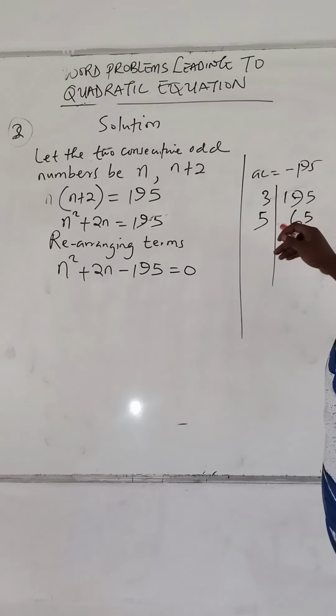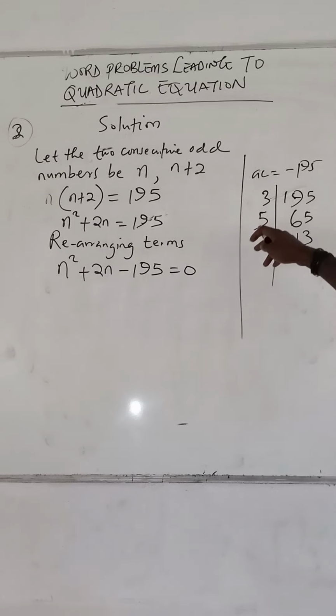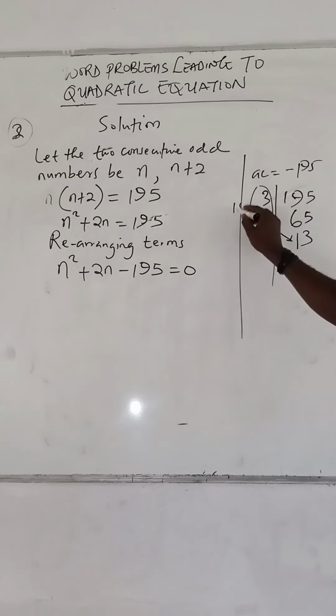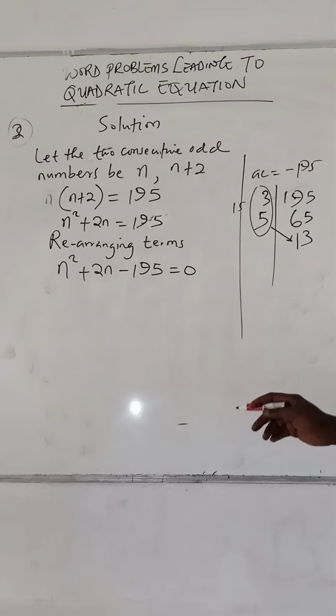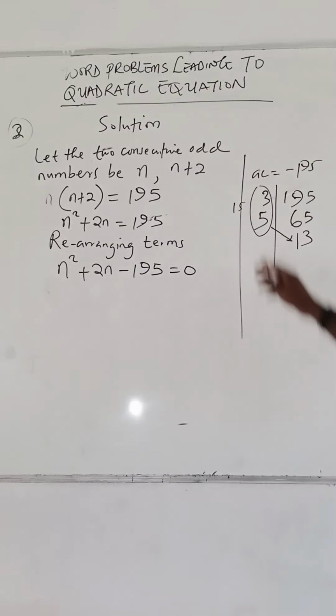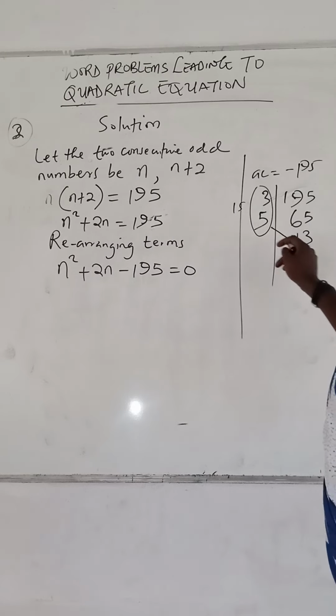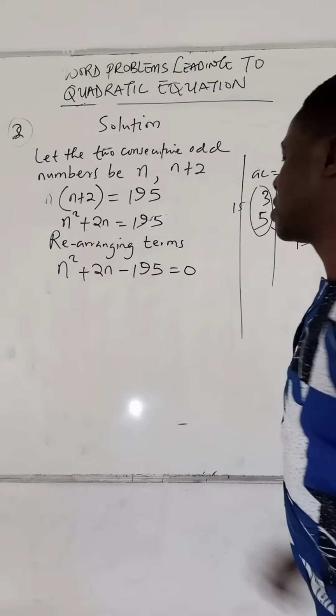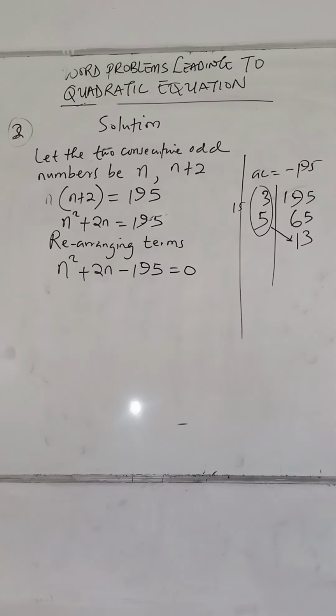So what do we do? We are going to combine this and take this along. If we multiply this and this, we'll have 15 and 13. If we combine them, we can get, by assigning a negative sign here and a positive here, positive 2. And if we multiply them, it gives us minus 195.